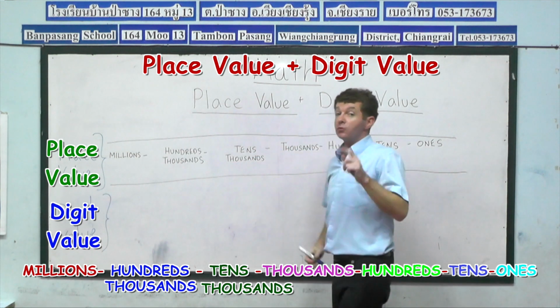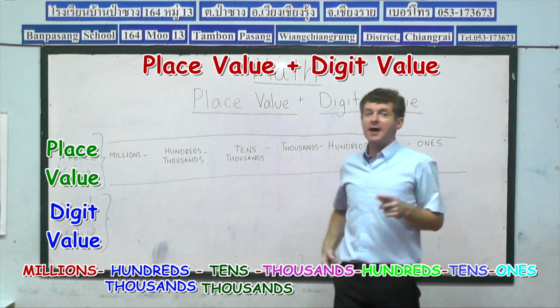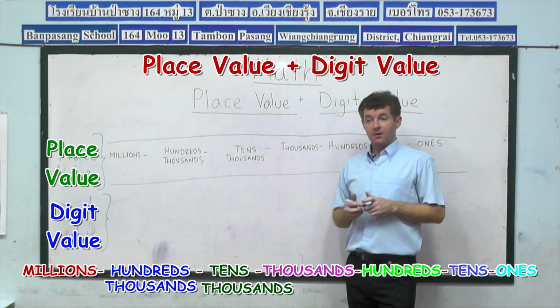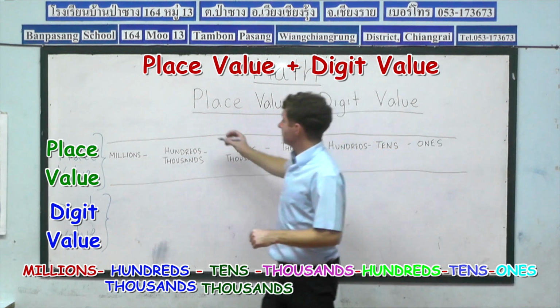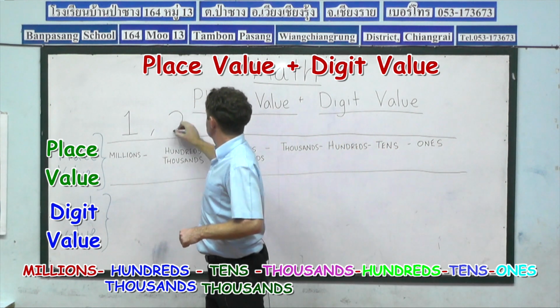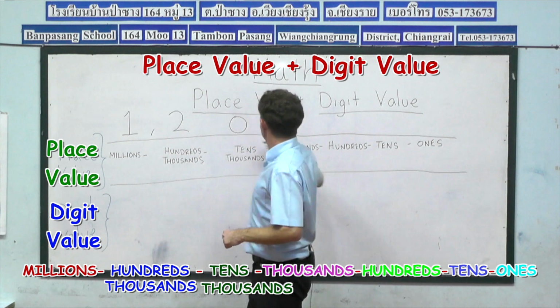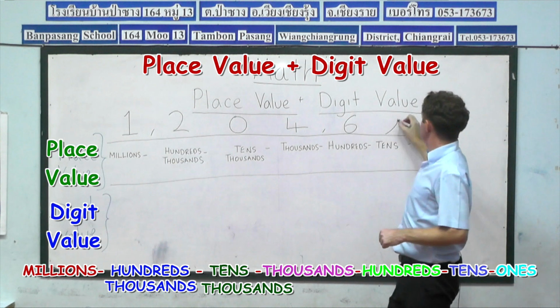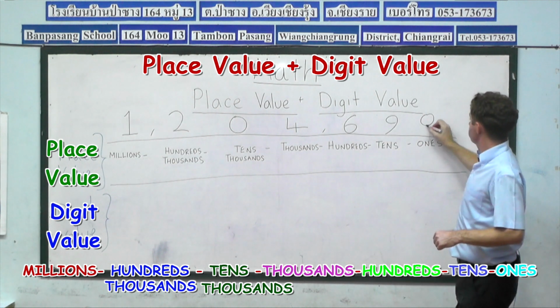Okay, we're almost set. But before we can work out our digit value, we need digits. So let's draw some digits on the board. I will start with 1, comma, 2, 0, 4, 6, 9, 8.